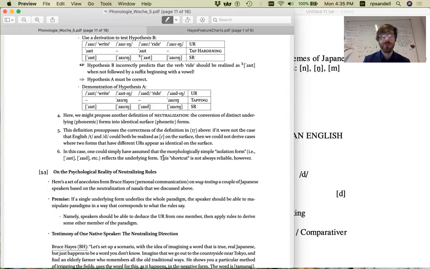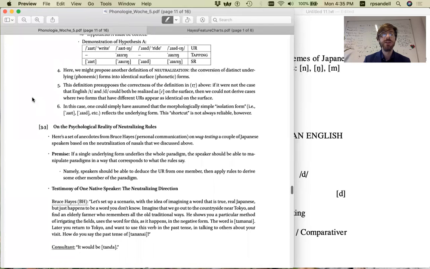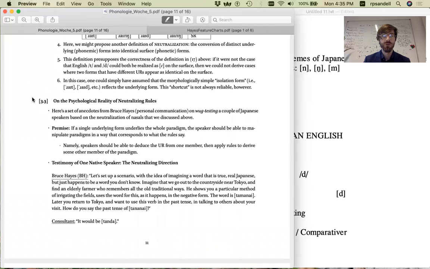That constitutes a sort of shortcut, Kurzweg, but such shortcuts are not always going to be reliable, and in fact very often will lead to incorrect conclusions.